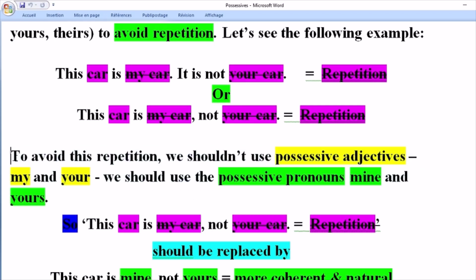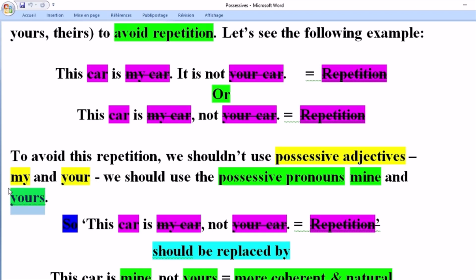So to avoid this repetition in the example given here to you, we shouldn't use possessive adjectives in this context, my and your. We should use the possessive pronouns mine and yours.